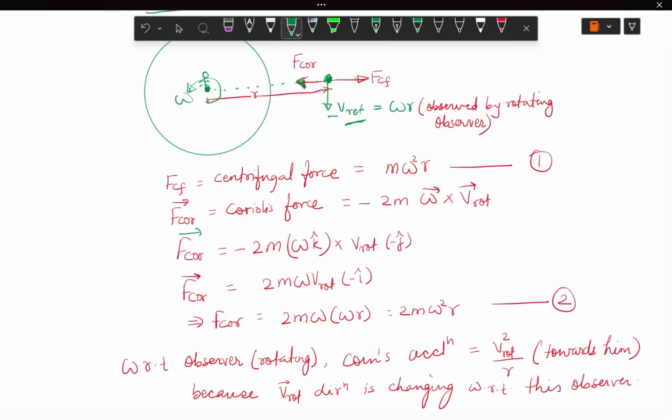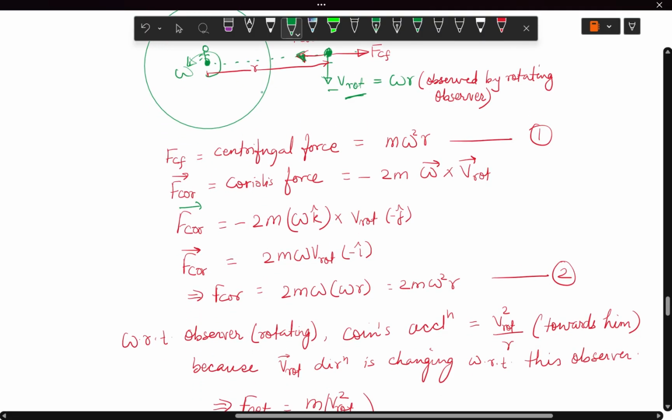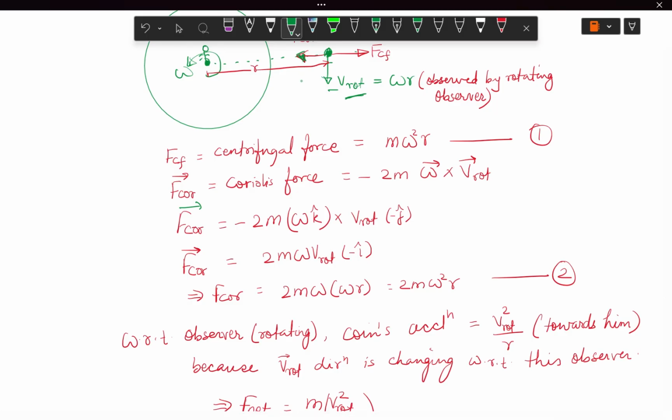So right now VROT is here. After some time VROT will be here. So due to this direction change of VROT, the velocity of this particle with respect to this observer, there will be one acceleration component towards the center. You know, this centripetal acceleration is due to the change in the direction of the velocity of the particle. That's what this observer will see.